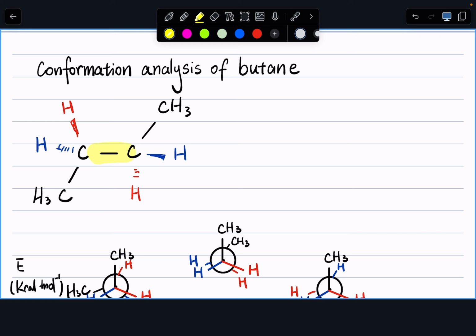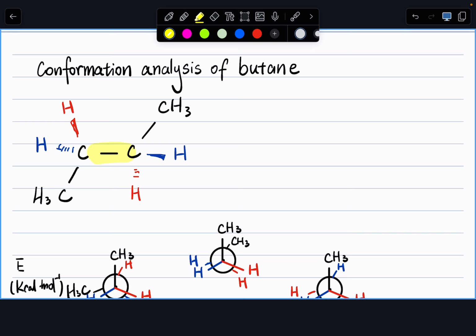But if you compare this conformation, this is also a staggered conformation. But comparing that to my anti-conformation, which one is more stable? Now my methyl groups are neighboring each other. They're not eclipsed, but they're close to each other compared to the anti-configuration.